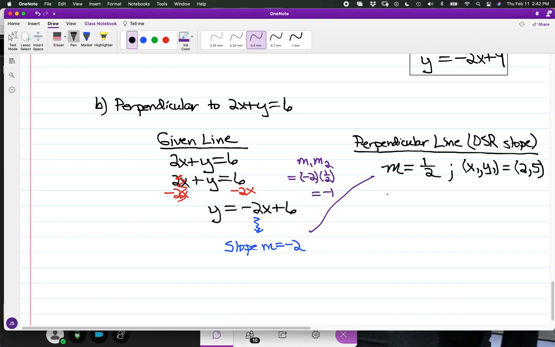Now, in the case of the point-slope equation setup, you have y minus 5 is equal to 1/2 times the quantity of x minus 2.